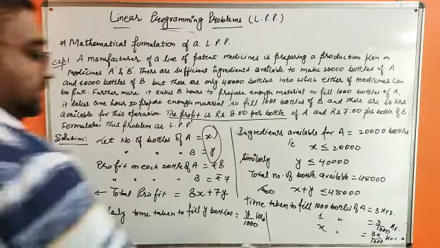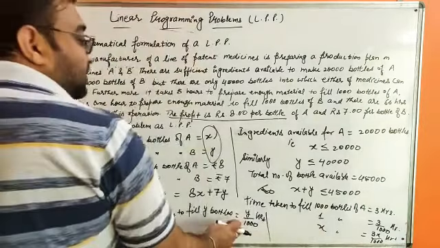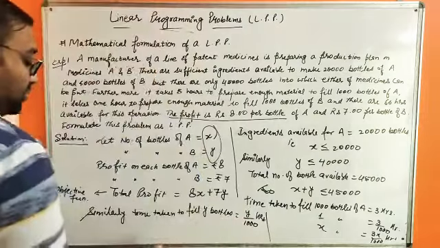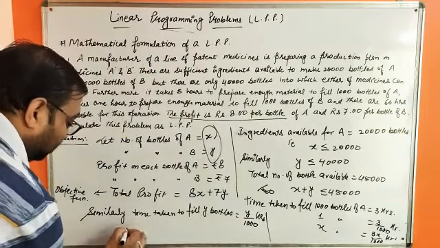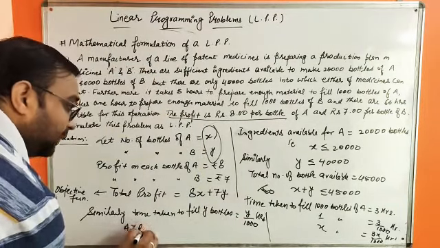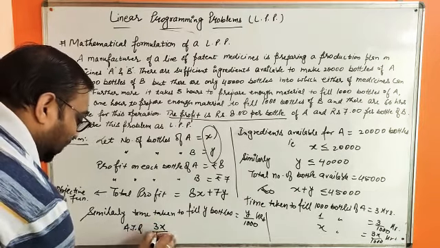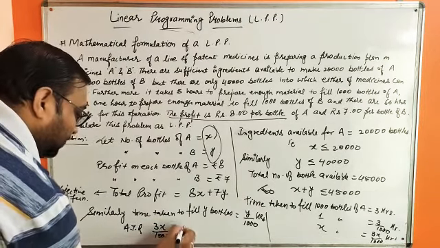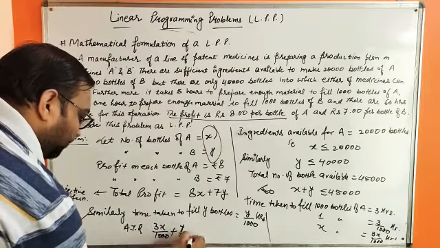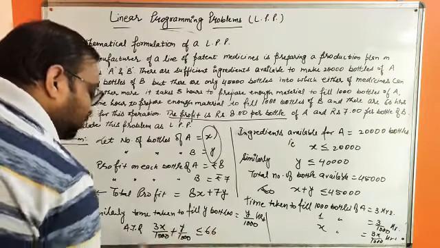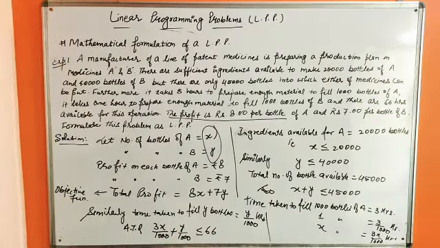That is, the sum of these two times must be less than or equal to 66 hours. According to the question, 3x upon 1000 plus y upon 1000 must be less than or equal to 66. So this is the entire phenomenon of this particular problem.